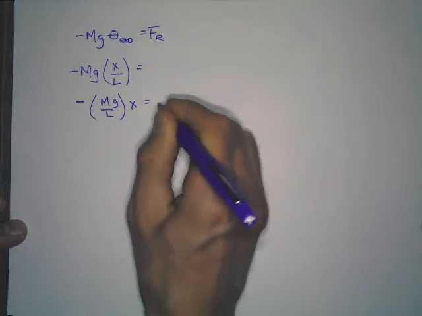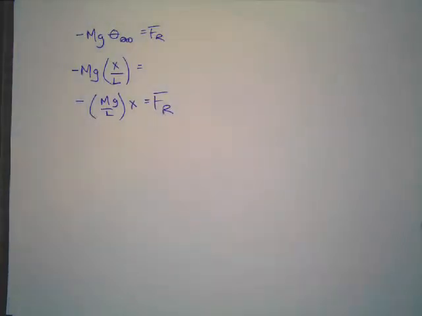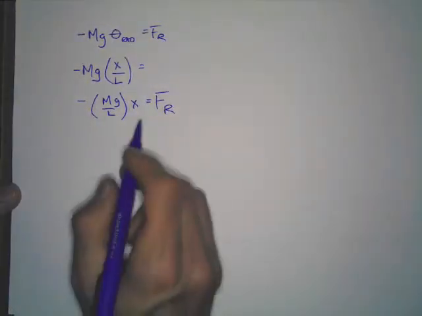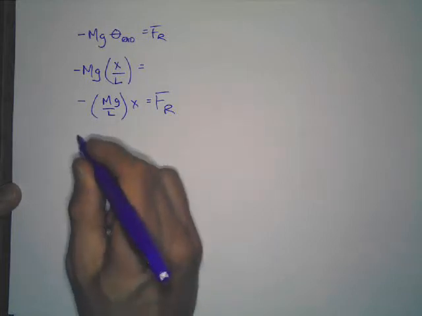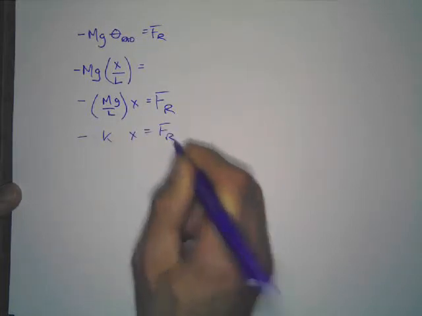And now I really can see Hooke's law. I hope you can see it. This is very much like Hooke's law, because Hooke's law for a spring was that. Hooke's law for the pendulum is that.